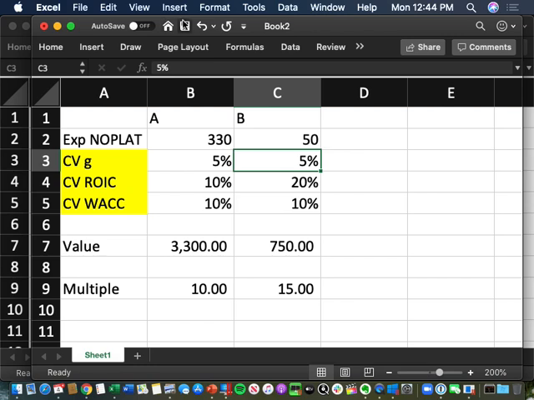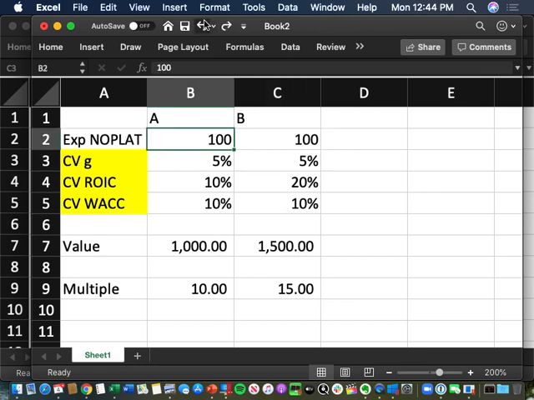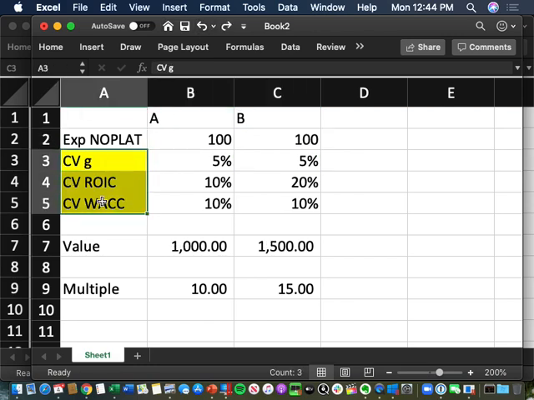So what actually drives the multiples is the key value drivers, which are these 3 things: growth, spread. So what I really need you to start to understand is that multiples are just a growth spread combination. That's all they are. Growth, return, risk.